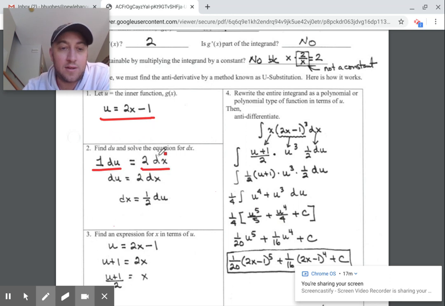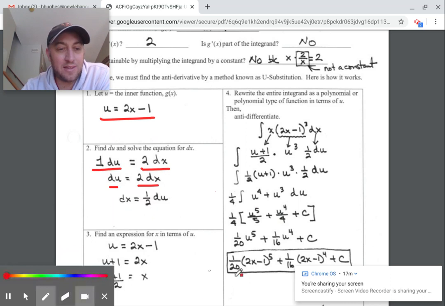So we have du is equal to 2 dx. So I want to solve this equation really for dx. I'm going to divide both sides by 2. 1 divided by 2 is 1/2. So we have dx is equal to 1/2 du. That's nice. This is going to sit there for a second.